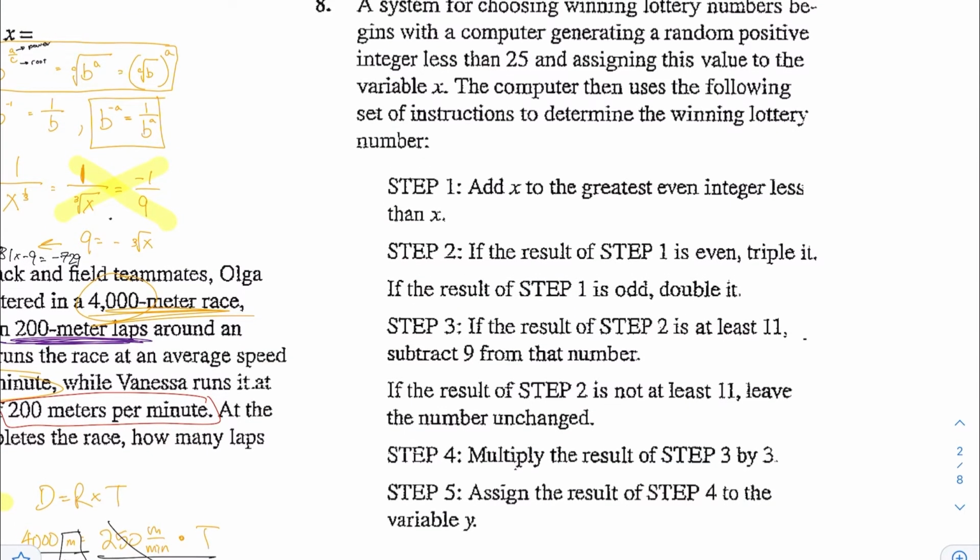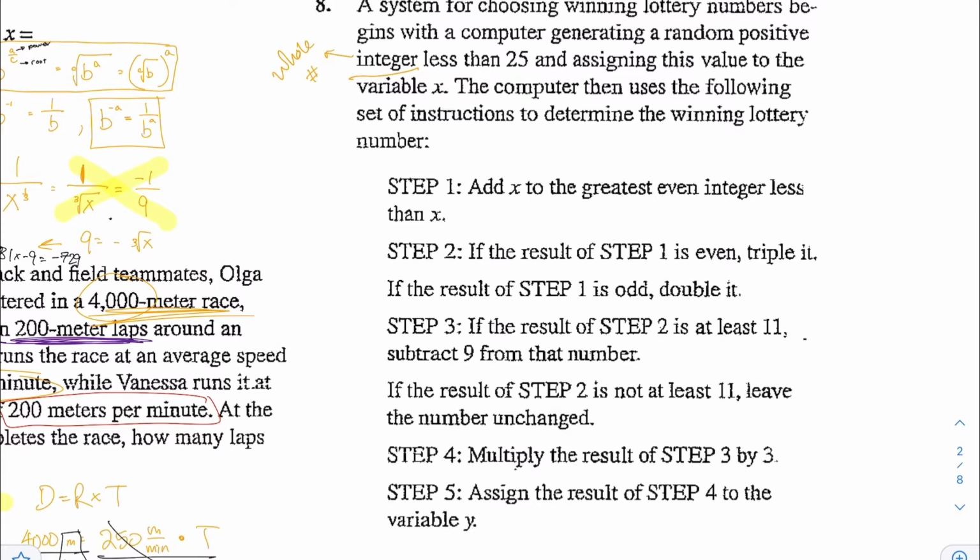Okay. Next for number 8, a system for choosing a winning lottery number begins with a computer-generated random positive integer less than 25. Remember, an integer is a whole number. Now you assign this value to the variable x, and then the computer uses the following set of instructions to determine the winning lottery number.